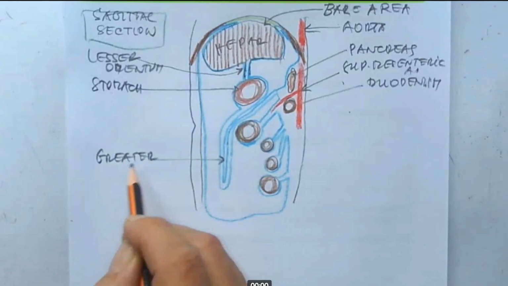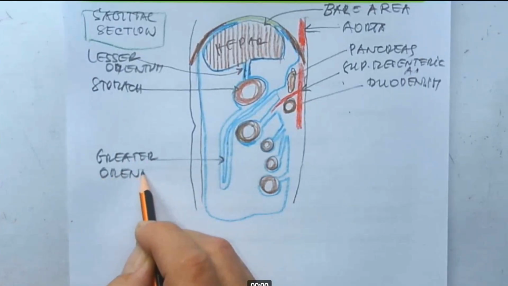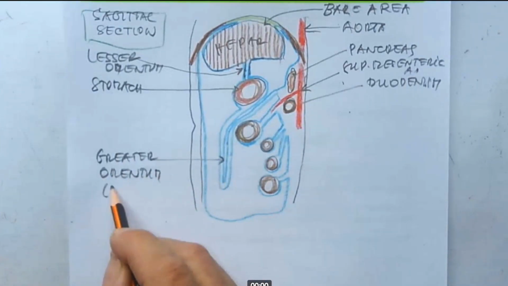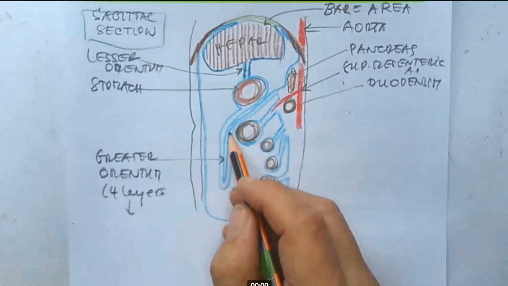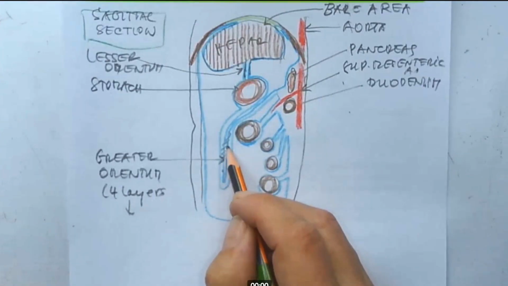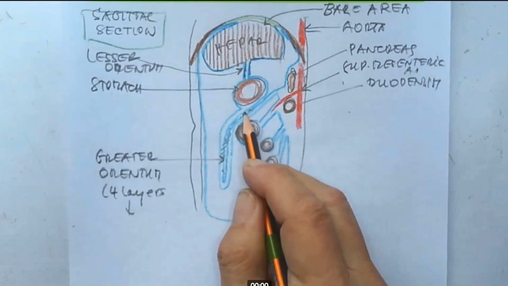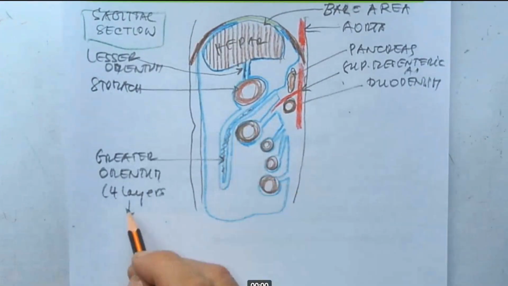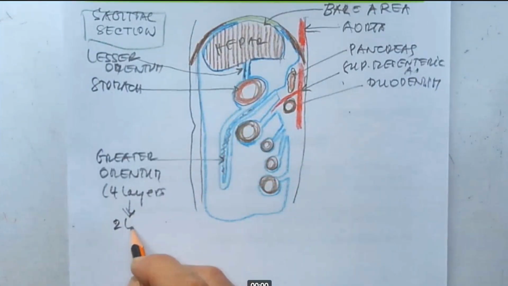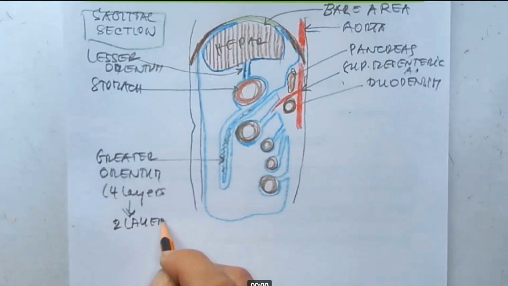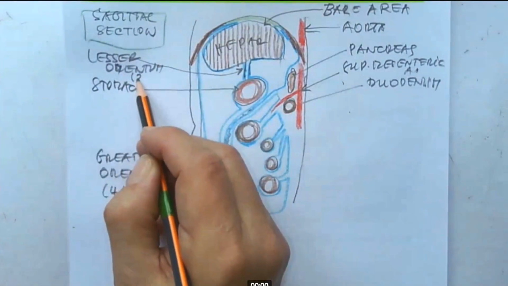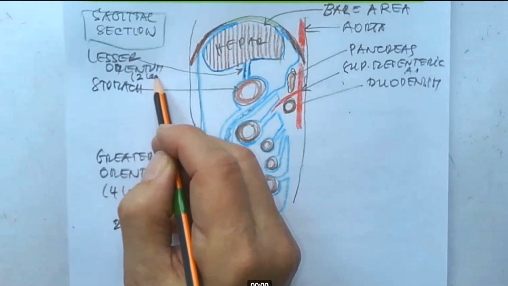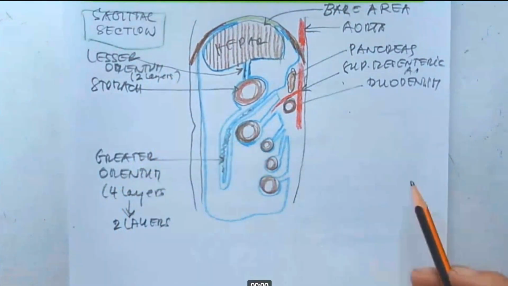And as you see, the omentum has four layers developmentally, but they fuse; the internal layer fuses together with the second one. So this in fact disappears, developing into two layers again, but originally developmentally it has four. The lesser omentum definitely has two layers only.